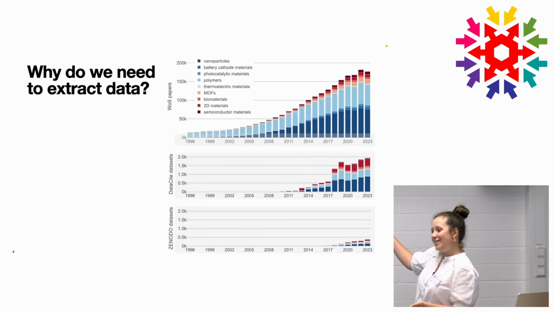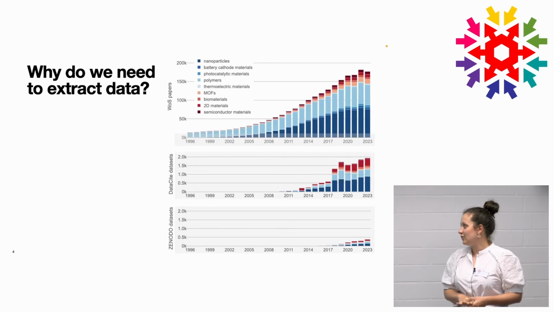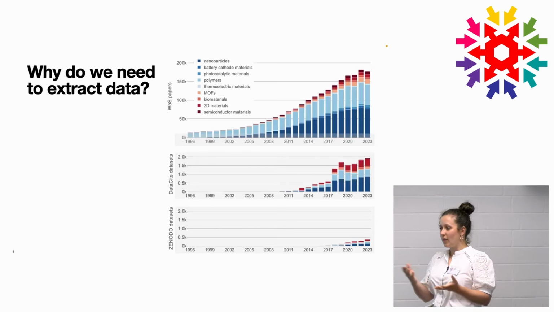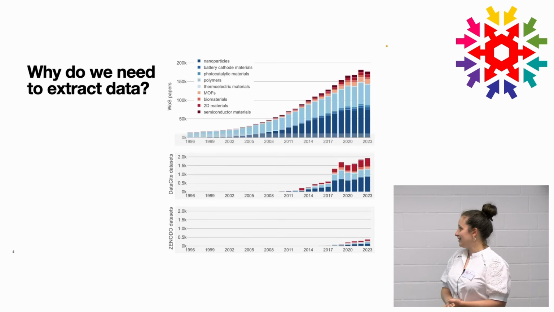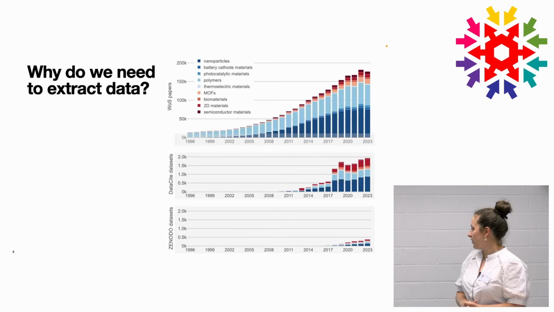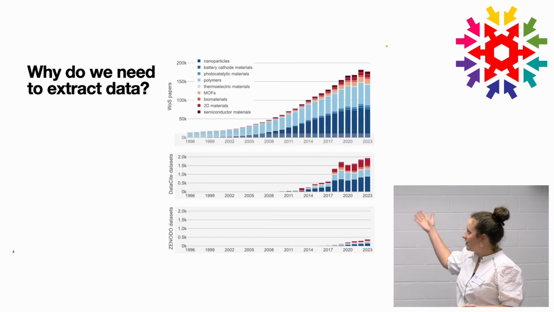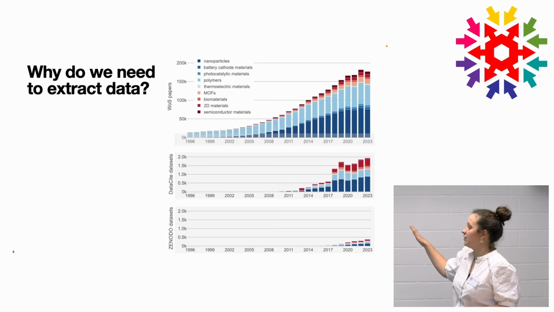So you have seen this before, and I guess also in the last 2 days you heard a lot about why we actually need to have some structured data. We made this figure for the review I talked about in the beginning, and you can see here that there's a lot of potential in scientific publications, and if you compare it to the data sets that we actually have, they are really small.